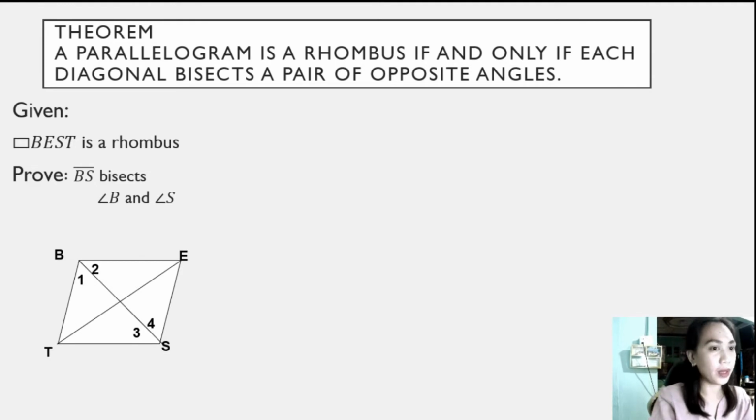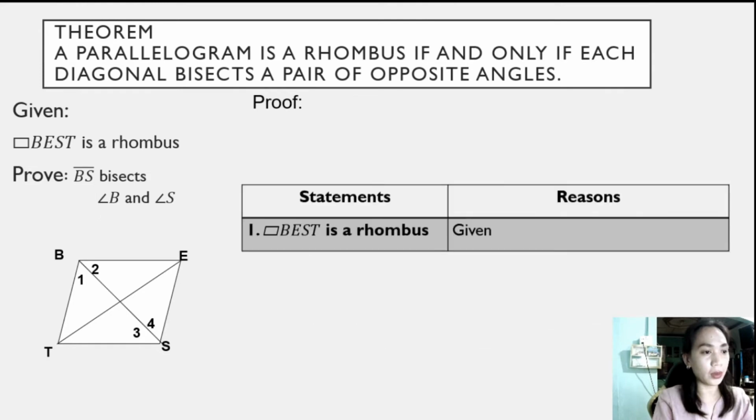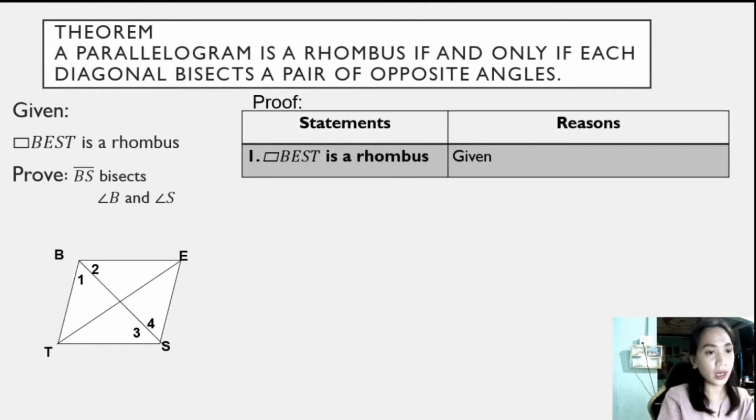So, we have here the figure BEST. Tulad nga ng sinabi ko, we have to prove, so this one is the diagonal BS. So, ang kailangan natin i-prove that angle B and angle S ay ibabisect niya. Okay? So, we have here the two-column proof. For the first statement, we have BEST is a rhombus.